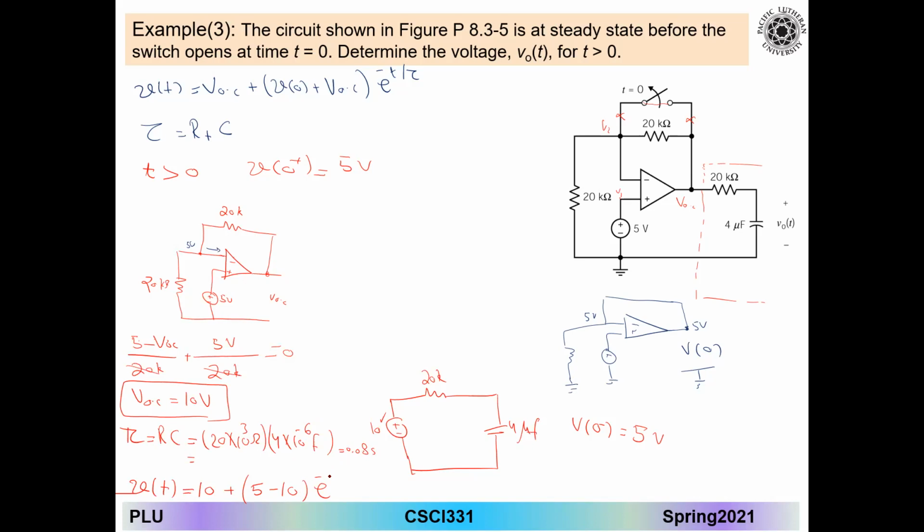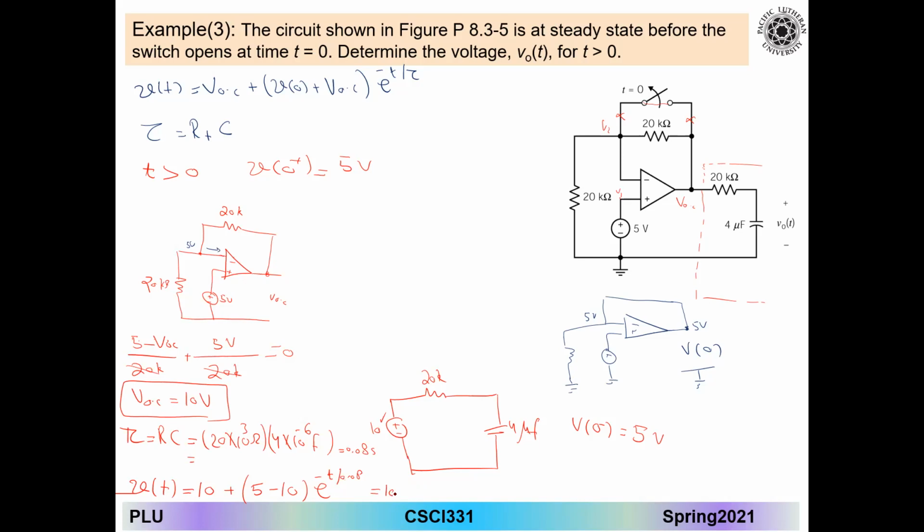So here, can I reverse this value? How much do you get? 12.5. Okay, divided by 0.08. And here is the final formula. I don't have to do it this way. Let's do it as it is.